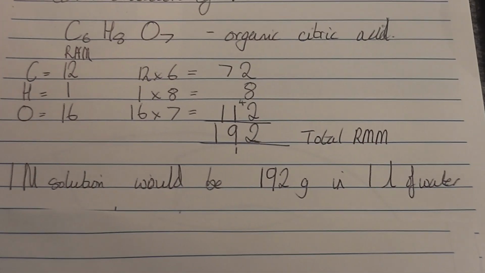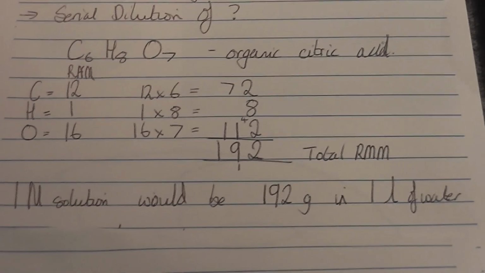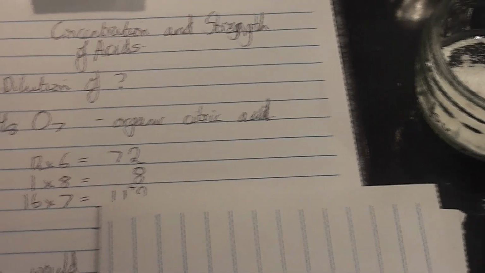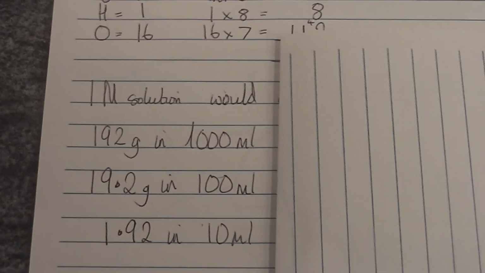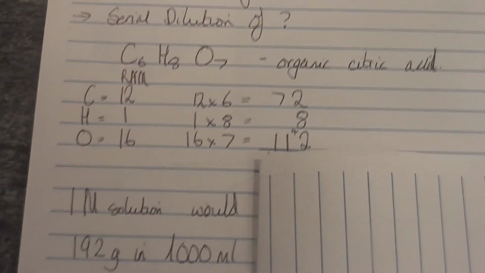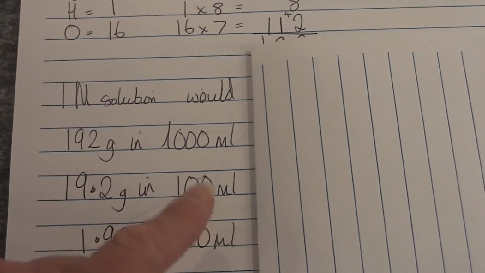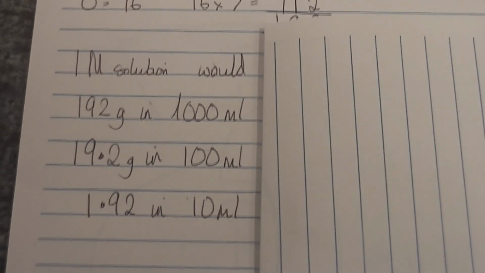Okay, we don't need very much of a solution at all. We could probably get away with about a 10 ml solution, but the problem is with a 10 ml solution, and I'll show you it now, it goes like this. If I wanted a 10 ml solution, have a look at my 1 molar solution, which is 192 grams in 1 litre, which is also known as 1000 millilitres.